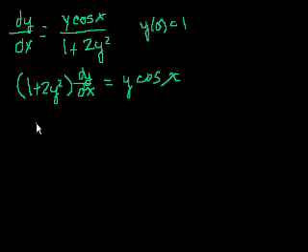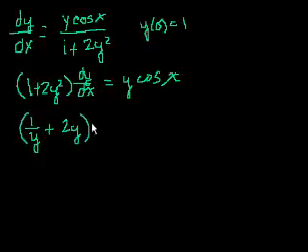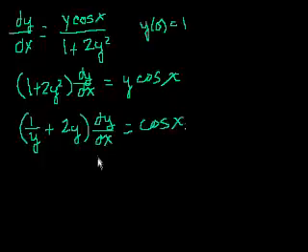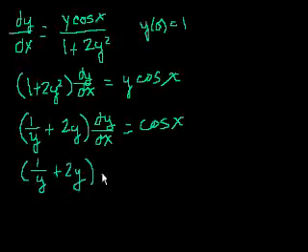And then we get 1 over y plus 2y squared divided by y, that's just 2y, times dy dx is equal to cosine of x. And I can just multiply both sides by dx. 1 over y plus 2y times dy is equal to cosine of x dx.